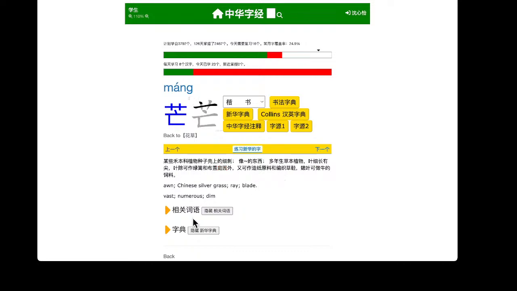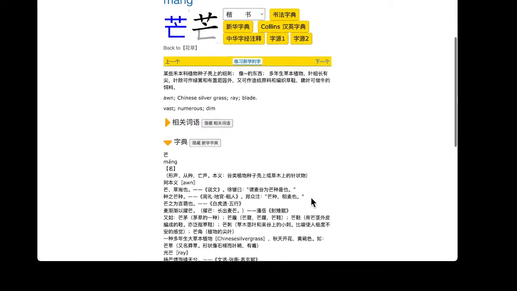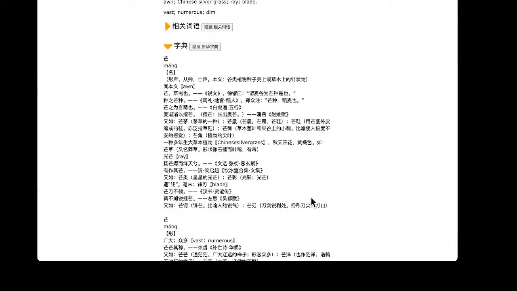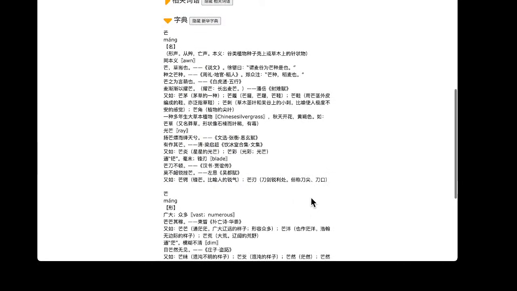Sometimes it has a name like 针芒, this kind of thing, that means it is like a needle point. And also because of that it has a meaning of vast, numerous. Okay, vast, numerous, it has that kind of meaning. For example, 茫茫 means just a vast amount of.